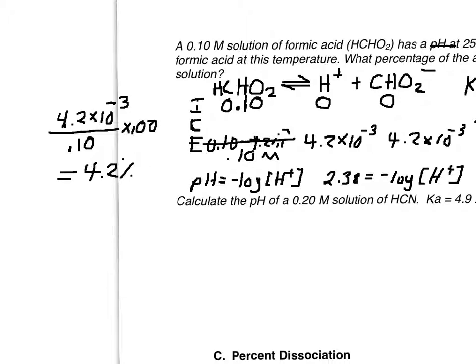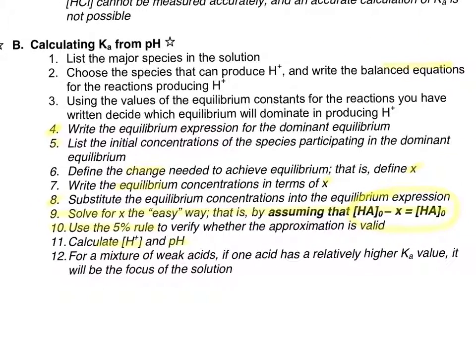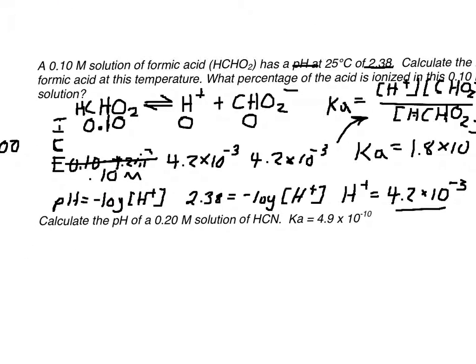Now, a little bit ago, I told you about the 5% rule. It was back here. I said you could use the 5% rule to figure out whether that approximation is valid. Like I used this 0.1 right here as equal to about 0.1.